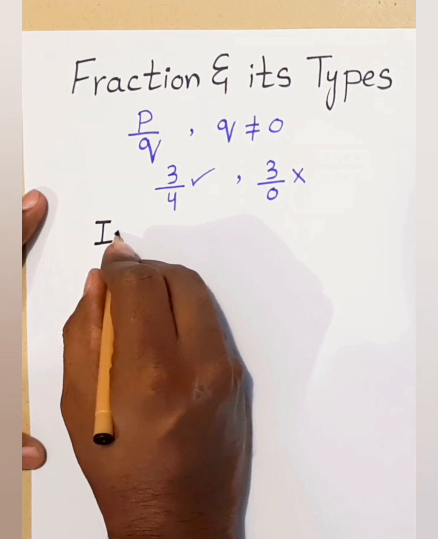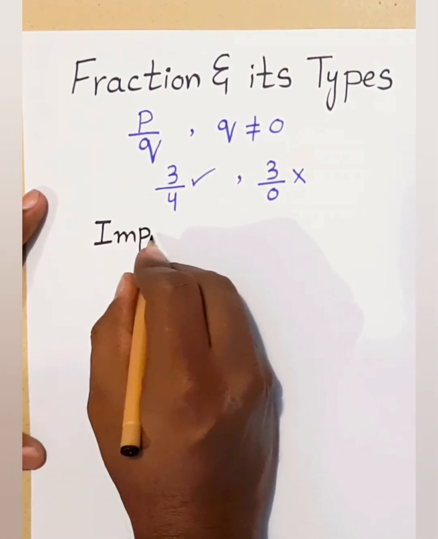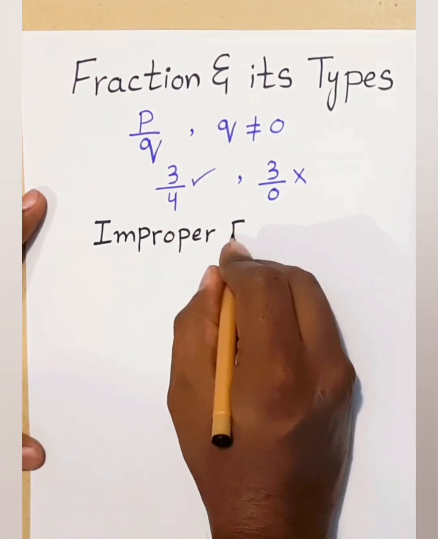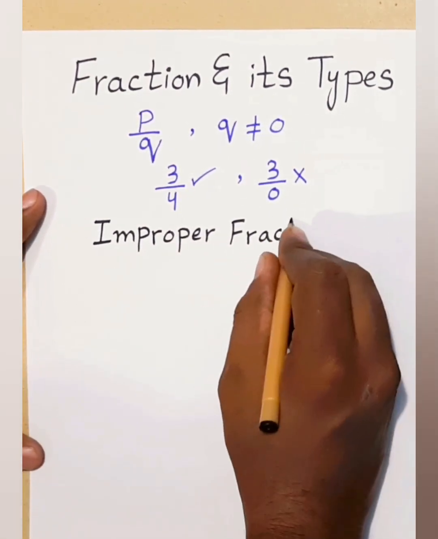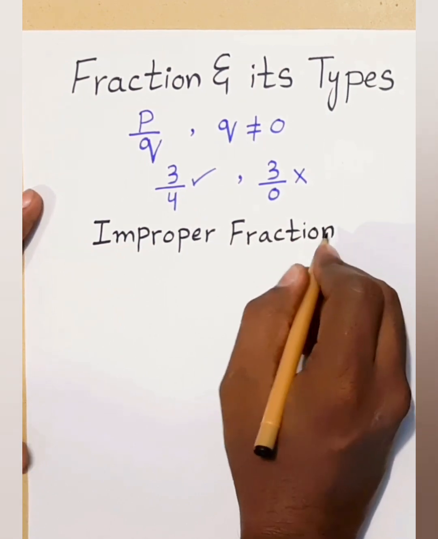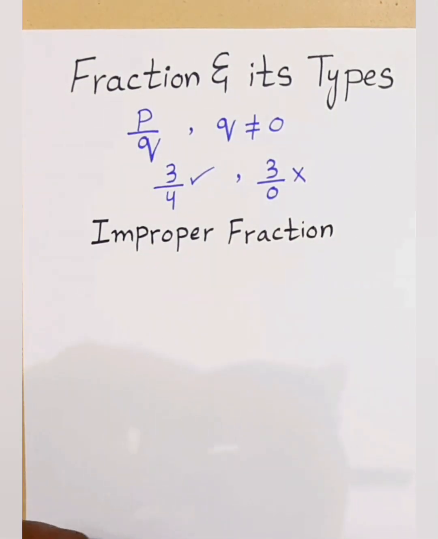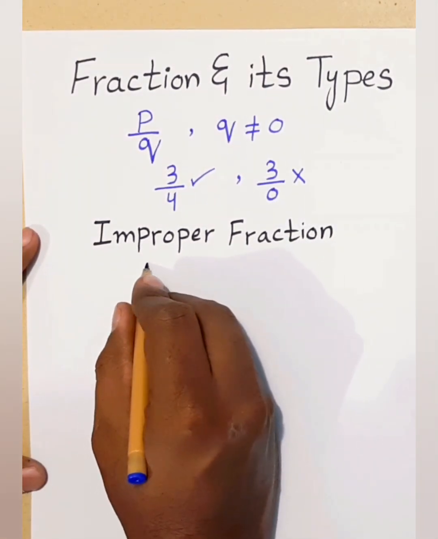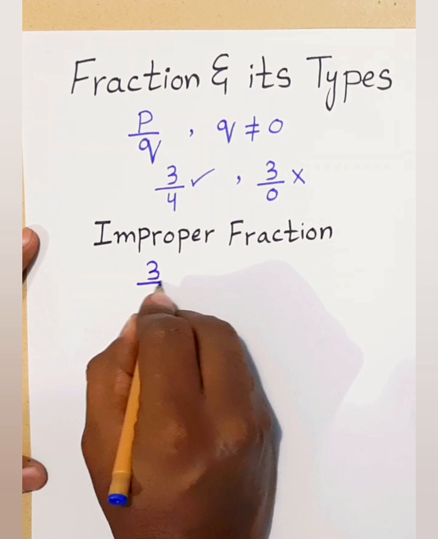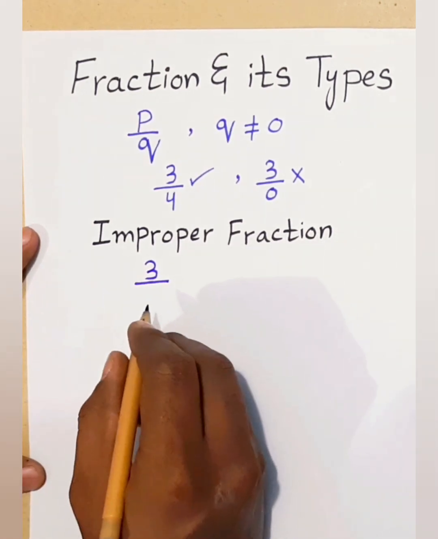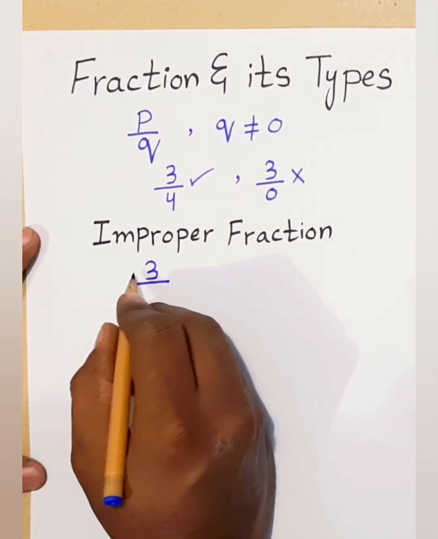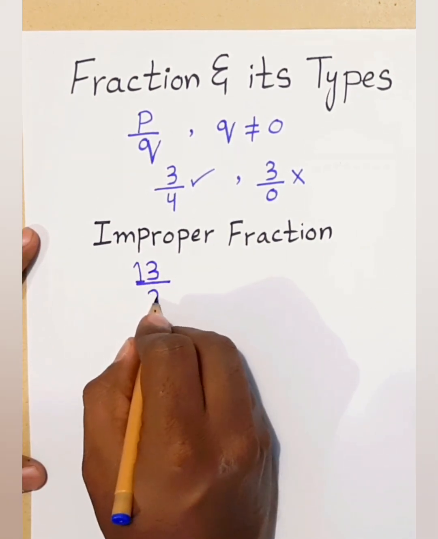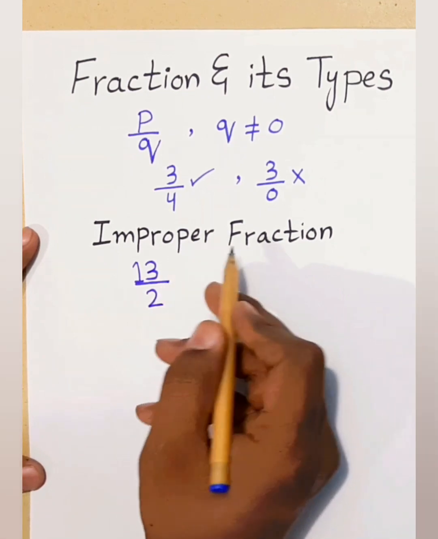Firstly, we are writing about the improper fraction. I am making a heading with a different color for better understanding. For example, if we write a bigger number in the numerator and a smaller number in the denominator, it's called an improper fraction.